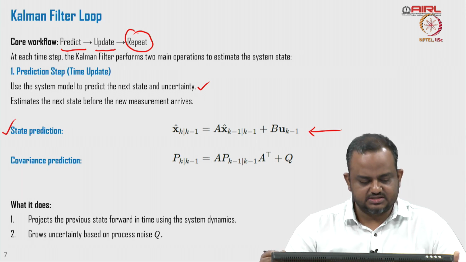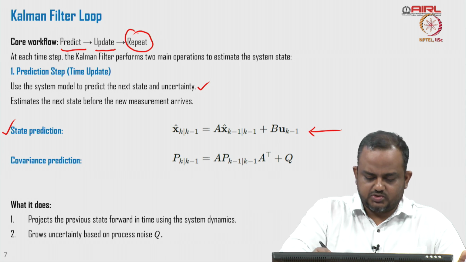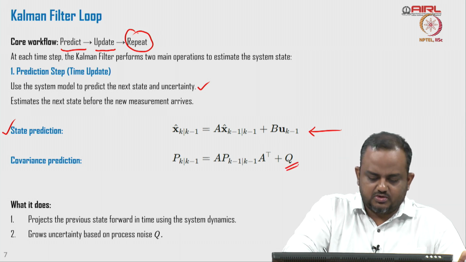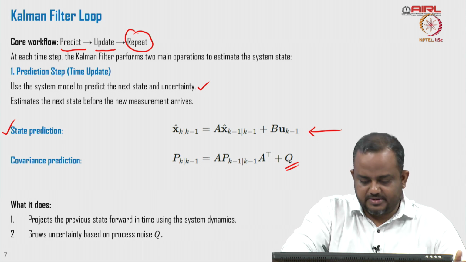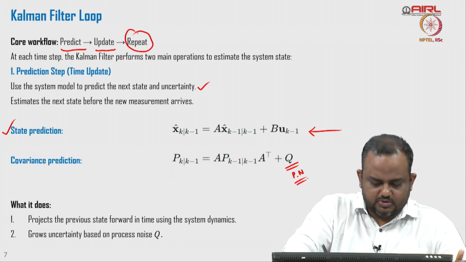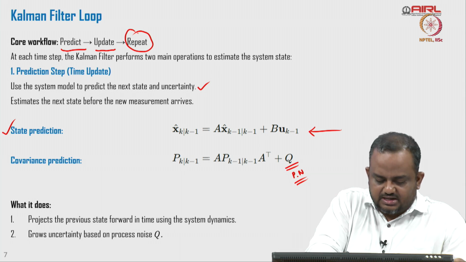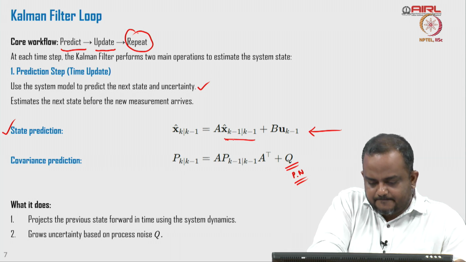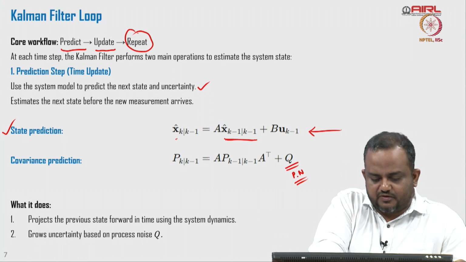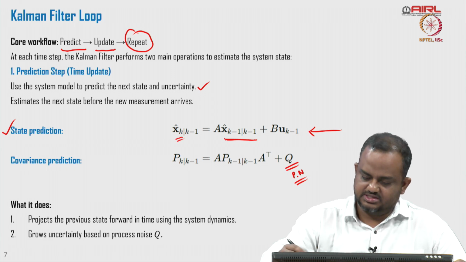After that, it predicts the covariance. The process noise covariance matrix Q is involved here. Q is a matrix, R is also a matrix, and Q denotes process noise. So, it projects the previous state forward in time. From k minus 1 we predict for k using the system dynamics. What is the system dynamics here?